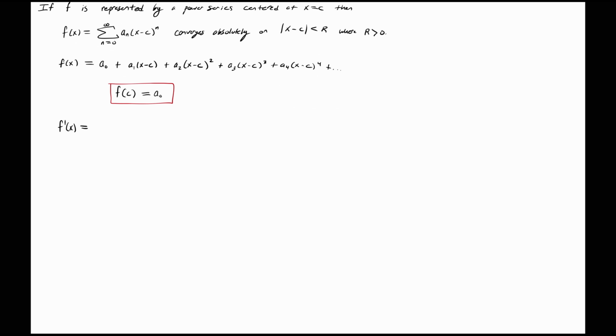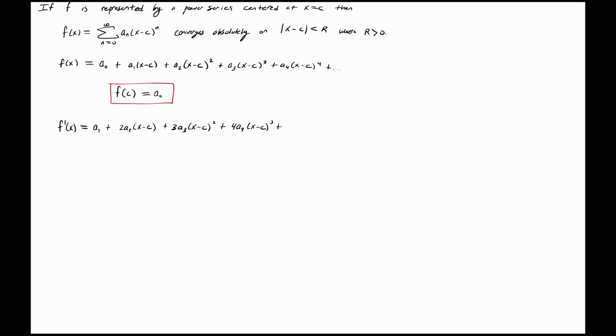we would have a1, because this term would zero out to a constant. So we would have a1 plus 2a2 (x minus c) plus 3a3 (x minus c) squared plus 4a4 (x minus c) cubed.